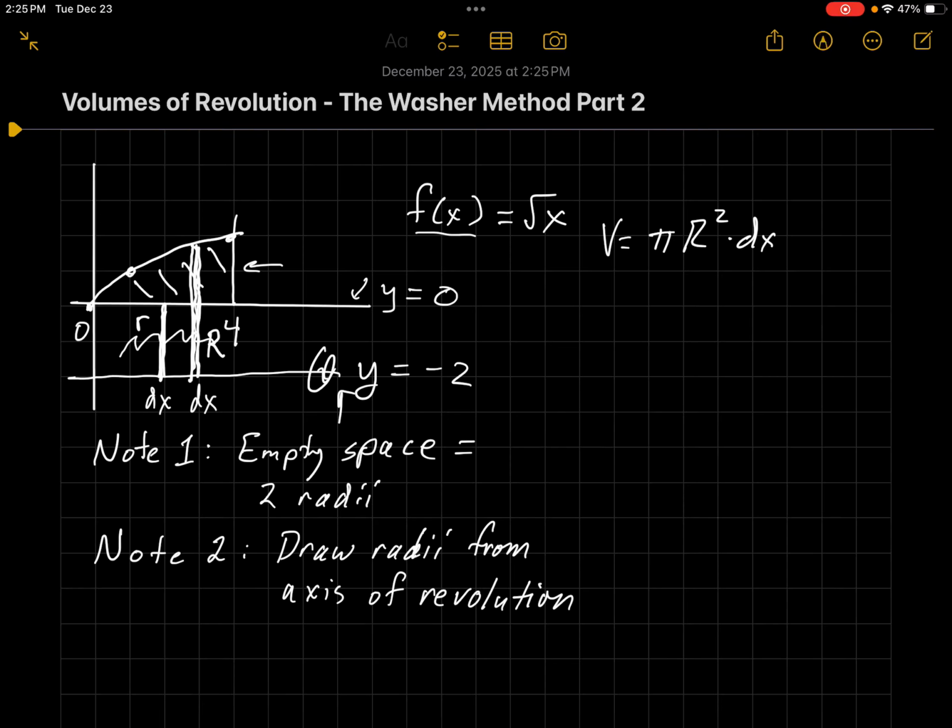Well, that's just one circular disk, and that's only the big one. So if I were to revolve all of these big radii starting at x equals 0 to x equals 4, I would get a solid shape with no hole in the middle. So I'll add together the volumes of all of those small circular disks.